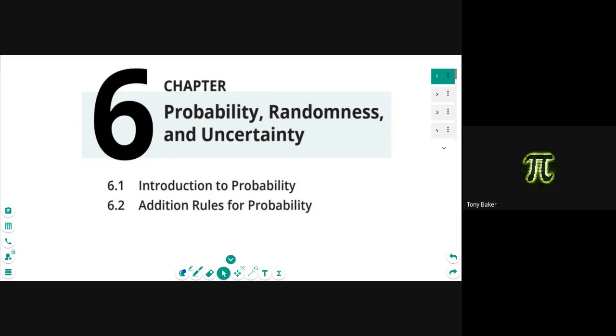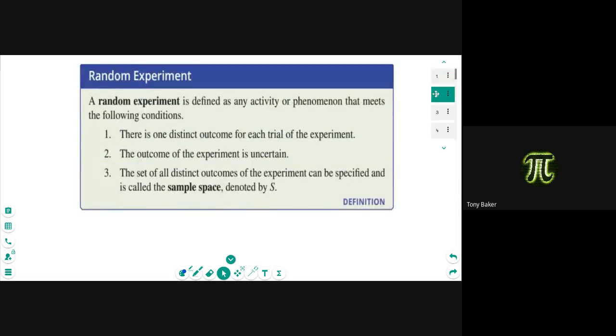All right. So first few little definitions and stuff like that we're going to talk about, and then we'll go into some of the problems with them. First thing we want to look at is what's known as a random experiment. So there is very specific criteria that makes it a random experiment.